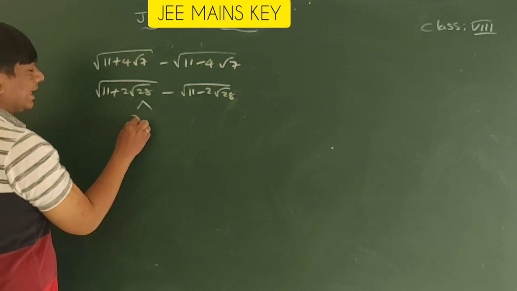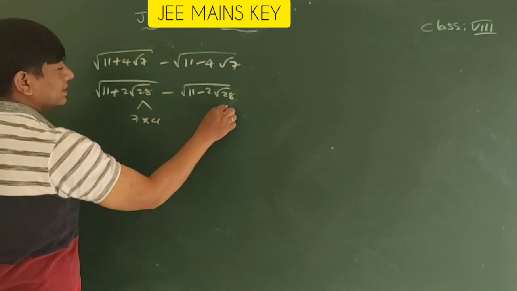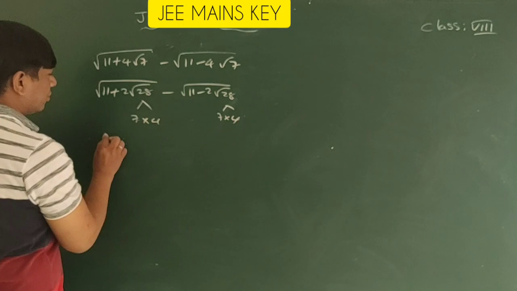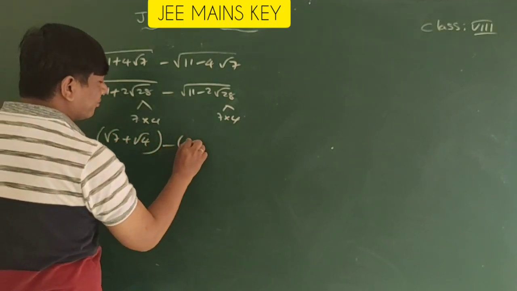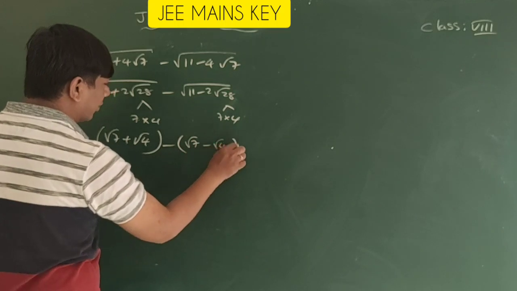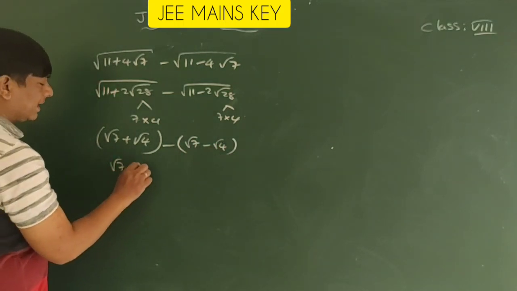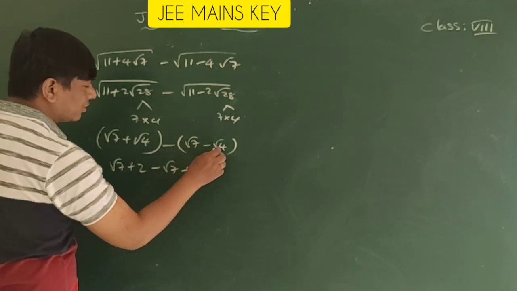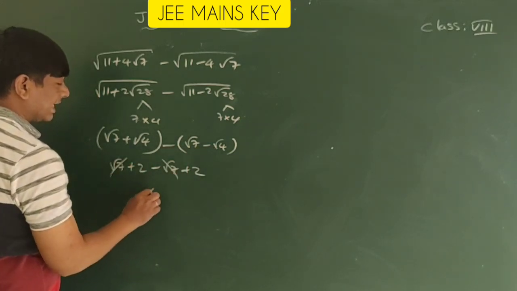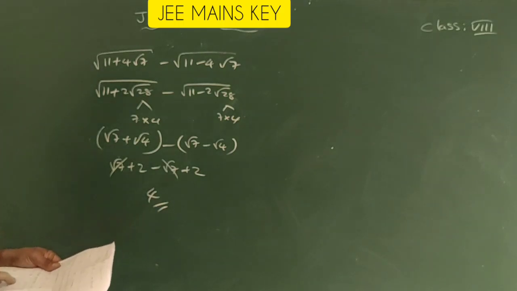So root 7 plus root 4 minus root 7 minus root 4. Now root 7 plus 2 minus root 7 minus 2, that is, plus root 4 is 2. Root 7 cancels, 4 is your answer.